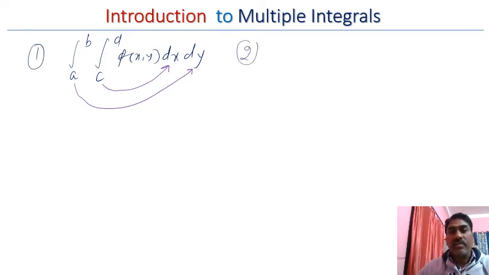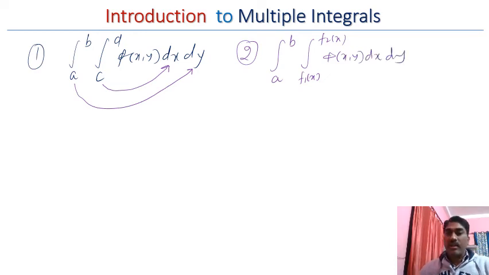And the second type is the integral a to b, integral f1(x) to f2(x), phi(x,y) dx dy. Here we do not take limits in the order of the integrals. If the integrals have the variable limits f1 and f2, so the limits are in terms of x, obviously this is the limit of y, and this will be integrated first.